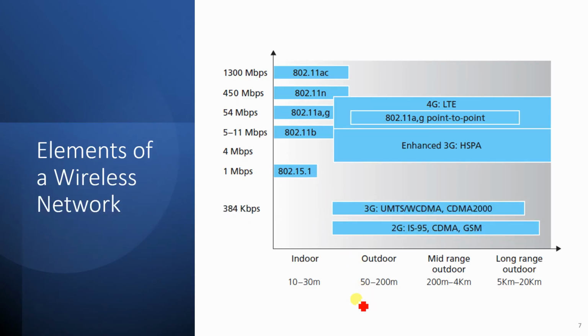The distance is shown on the x-axis, and the speed is represented on the y-axis. These are wireless link technologies like 3G, 2G, CDMA, GSM, 802.11, 4G.